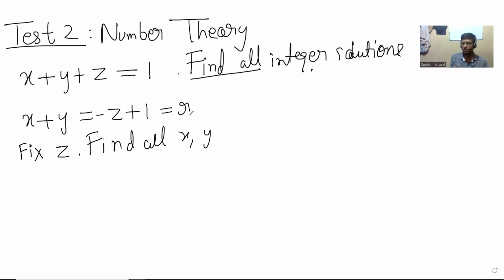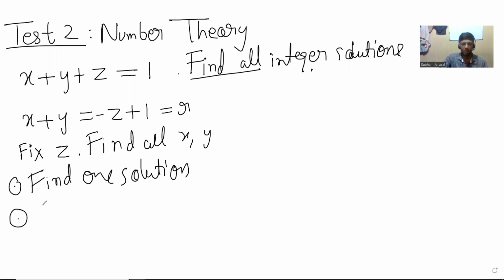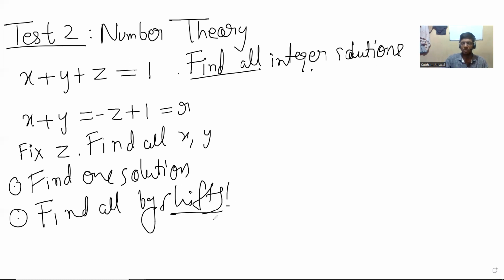Same thing, right? I mean, just find or guess, whatever. Find one solution. Generate all, but just saying find all. What is one solution?